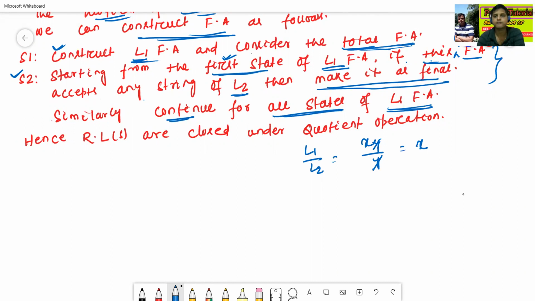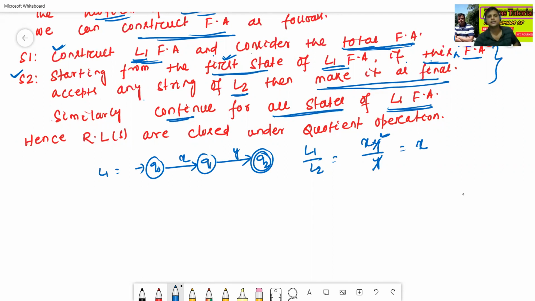For the XY language, we construct it for L1. This is Q0, this is Q1, this is Q2. This is X, this is Y. I'll just consider this total finite automata for L1.